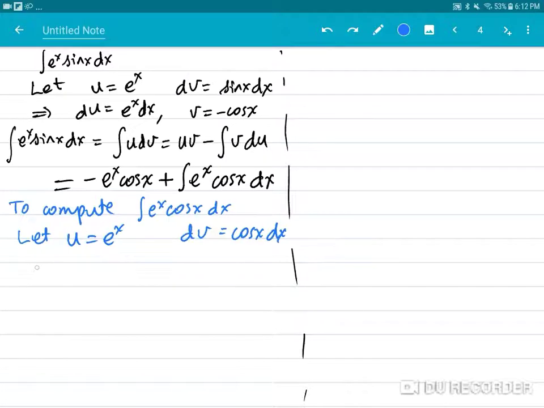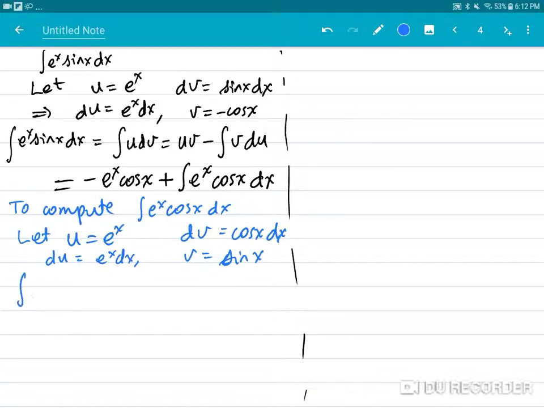You can try and see why it gives you 0 equals 0, or e to the x sine x equals e to the x sine x. Okay? So differentiate u and dv, integrate, that gives you sine of x.